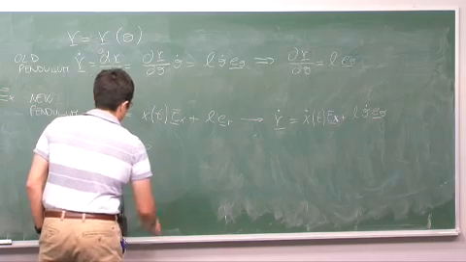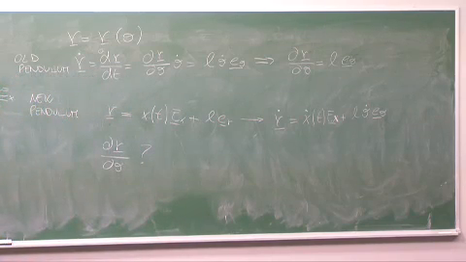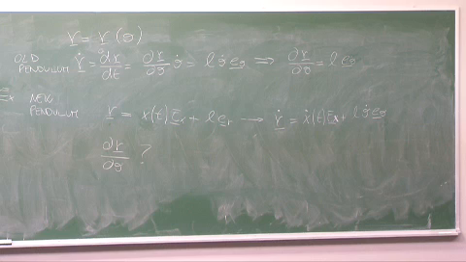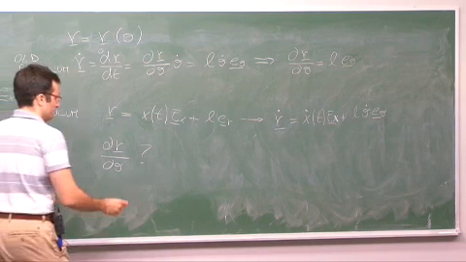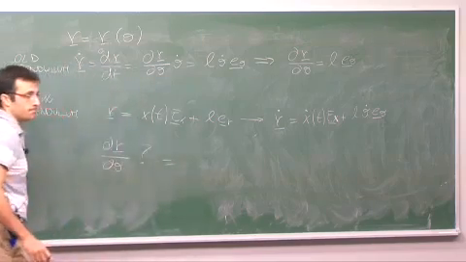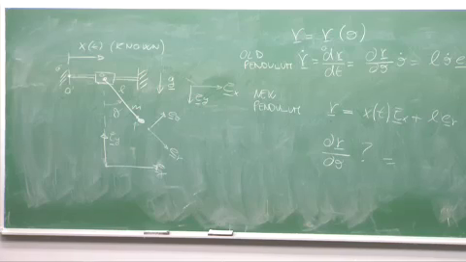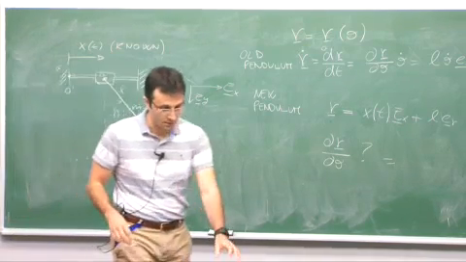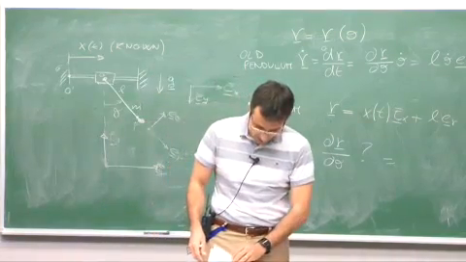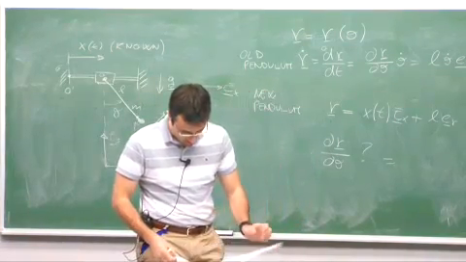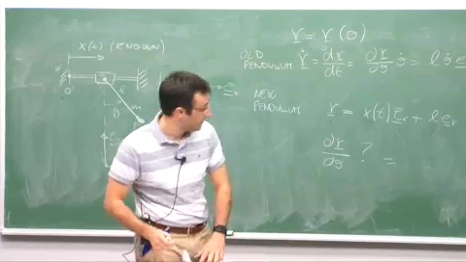What is this? What do you think that is? Does x of t depend on time? I'm sorry, yeah, it depends on time, but does it depend on the angle? Doesn't depend on the angle, right?